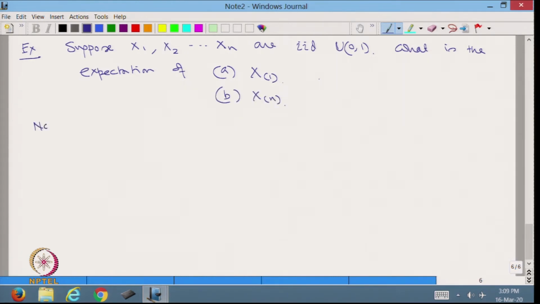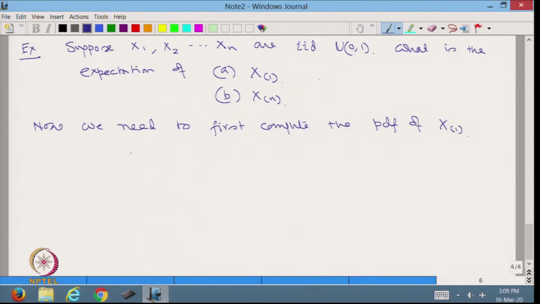Now, we need to first compute the PDF of X1.